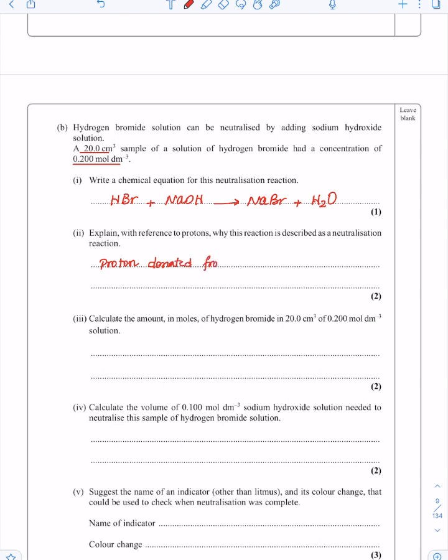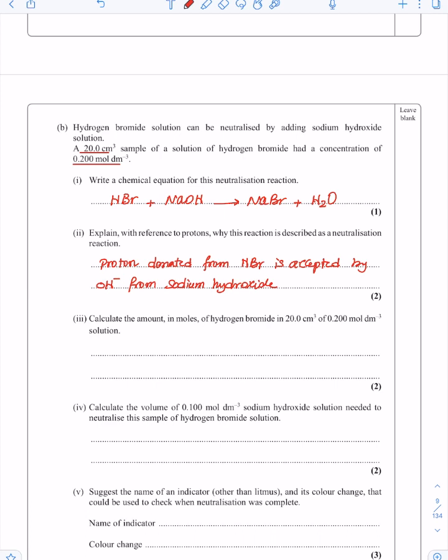It is gained, or accepted, by the hydroxide ion which comes from sodium hydroxide, which is the alkali. So the proton donated from HBr is accepted by the hydroxide ion from the sodium hydroxide.